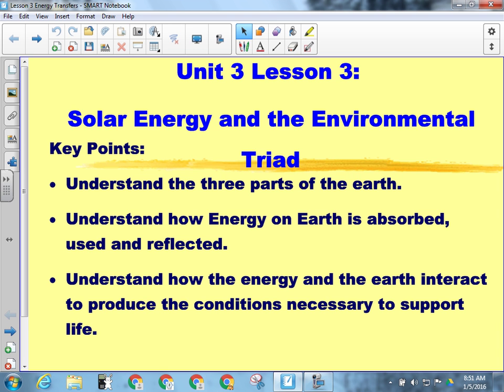We're also going to look at how energy on a global scale gets transferred from place to place. Now, as a quick review, the most important factor that affects climate for any place is what? Latitude. How close to the equator you are. So obviously the equator gets more energy than any other place on Earth. But somehow it's got to get to other places.